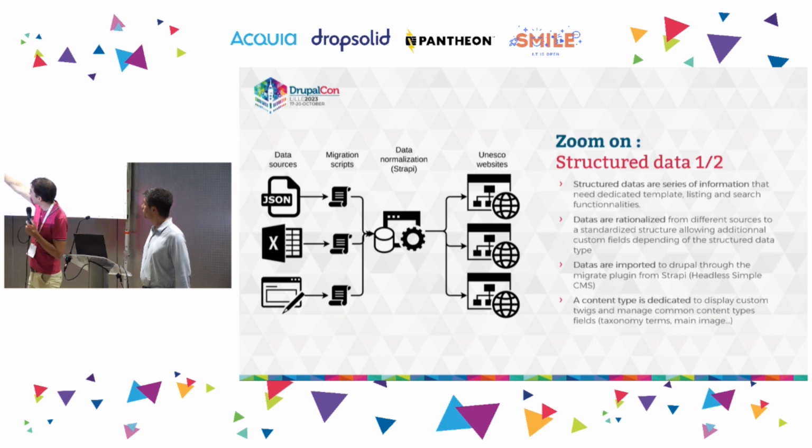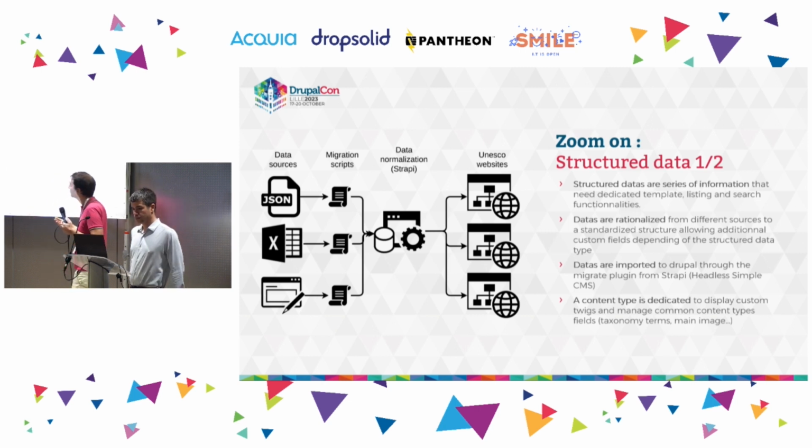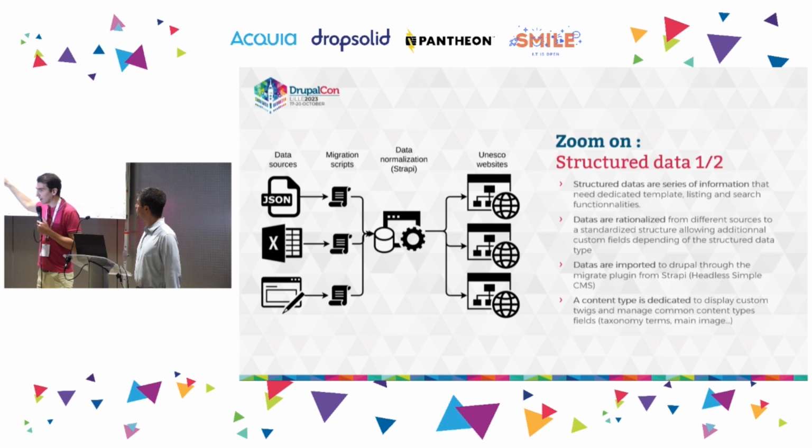So that's why we need a migration script. And we are using Strapi, a small CMS with JSON API exposure, to store the data and maybe review it, to check if it's okay and consolidated.